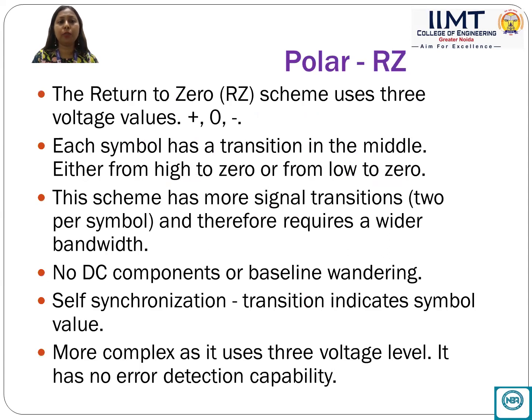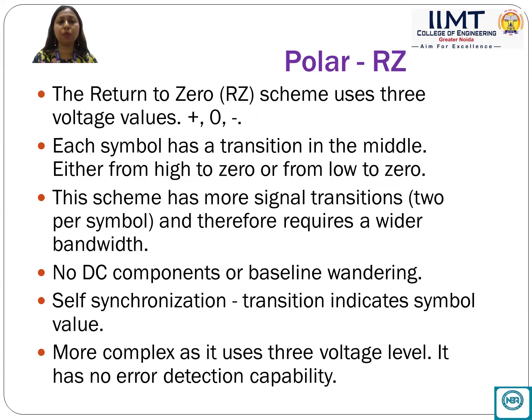Then polar return to 0. The return to 0 scheme uses three levels: positive voltage, then 0, then negative voltage. Each symbol has a transition in the middle part, either from high to 0 or from low to 0.